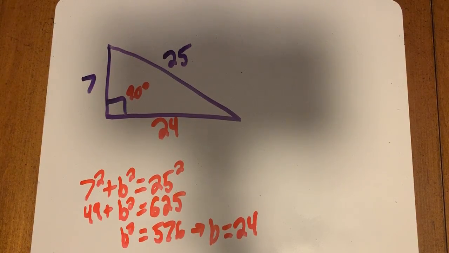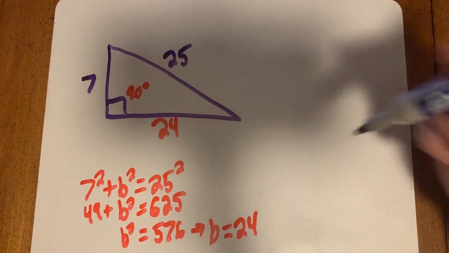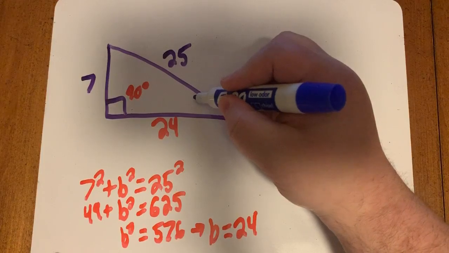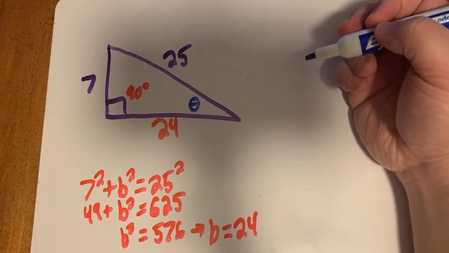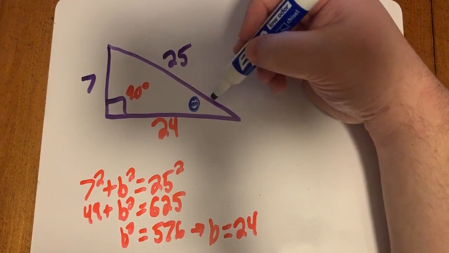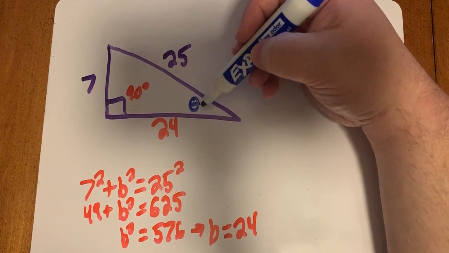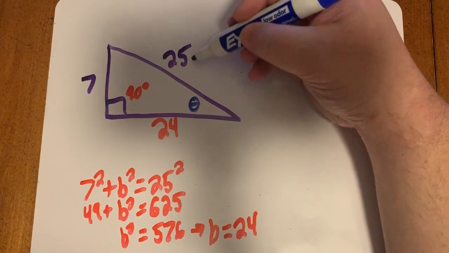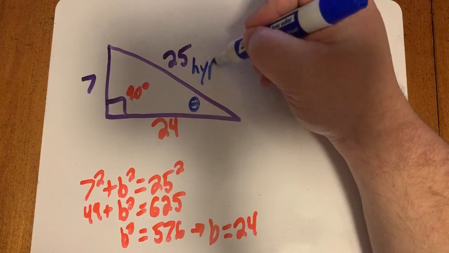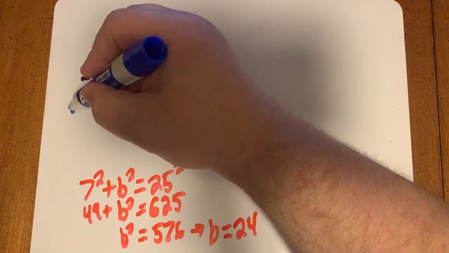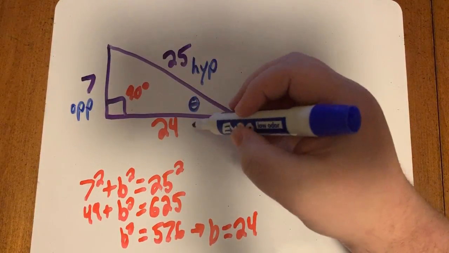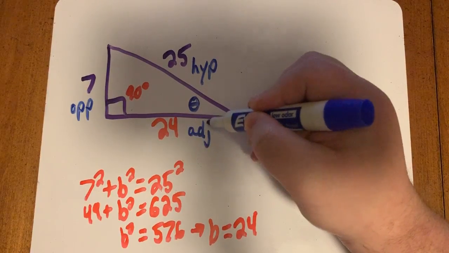Now we want to find the angles. It doesn't matter which angle you choose. I'm just going to choose this one right here. I'm going to call that theta. So with respect to that theta, the 25 is the hypotenuse, the 7 is the opposite leg, and the 24 is the adjacent leg.